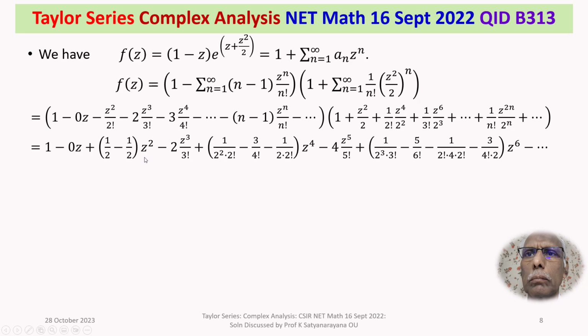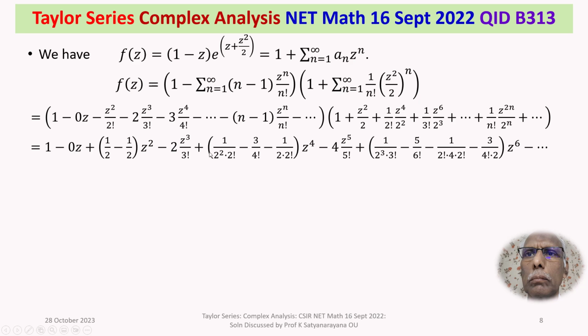Agreed. What is the coefficient of z cube? 1 into the term involving z cube, 1 into minus 2z cube by 3 factorial. That's all. From here these are all even powers of z.